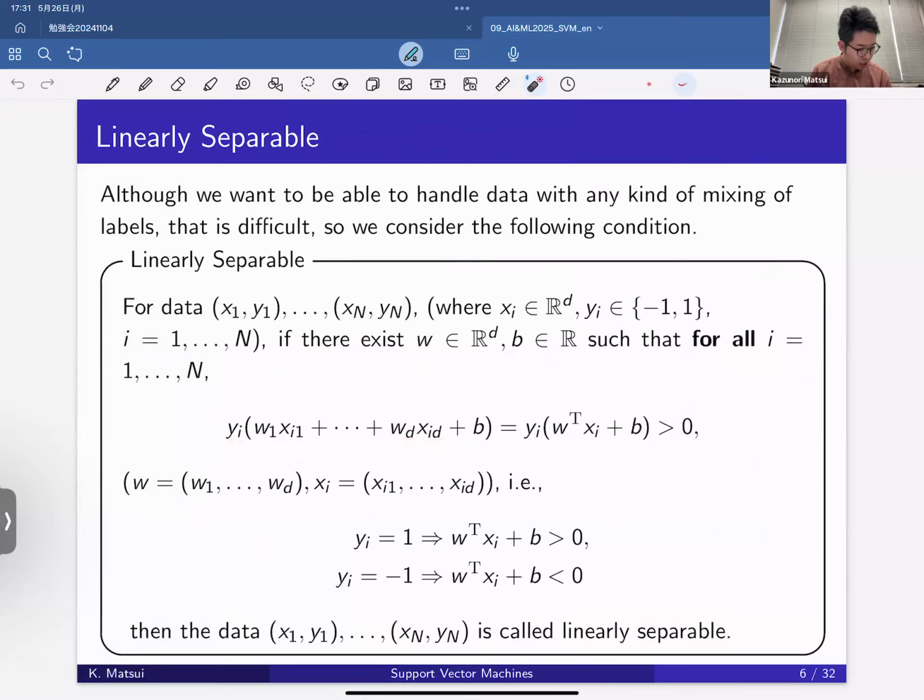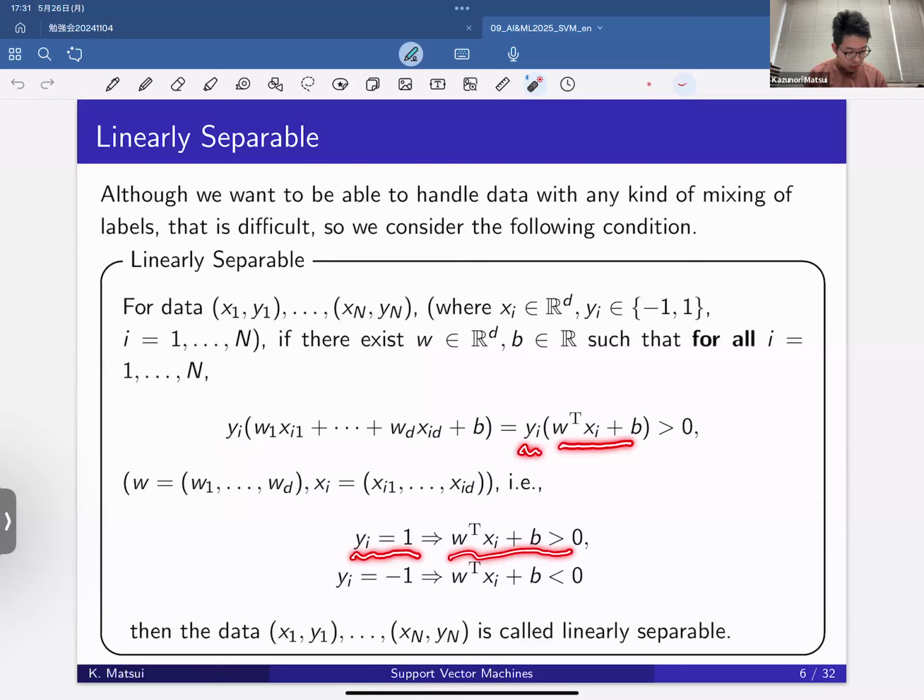This might not be immediately clear as it is, but specifically, when yi is 1, it says that W transpose xi plus b is greater than 0.